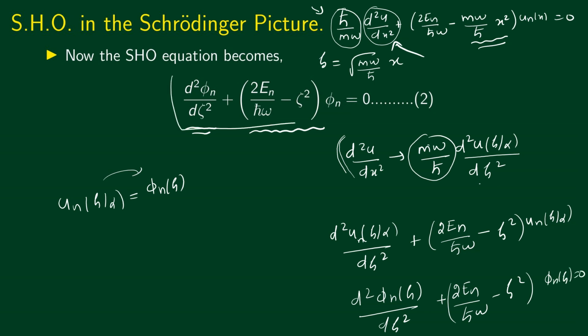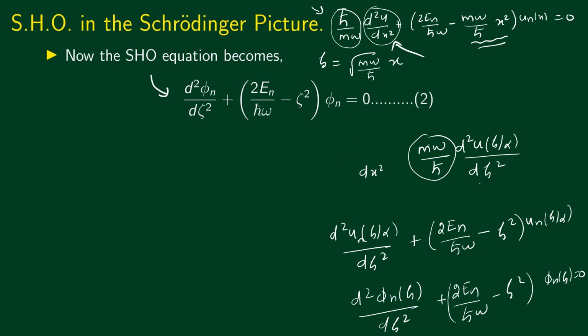That's exactly what we have here. So the clever substitutions that we carried out changed the time independent Schrodinger equation into this form.